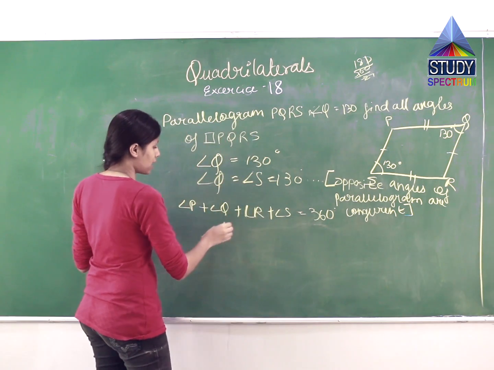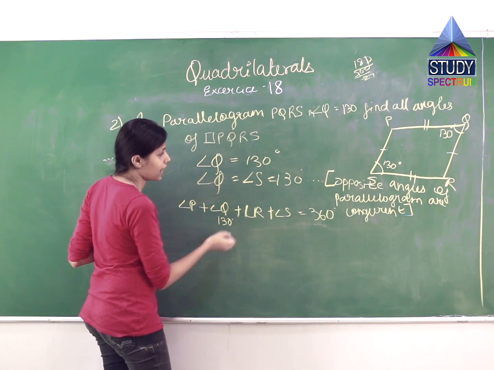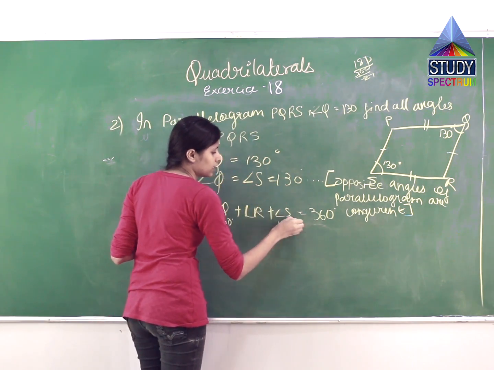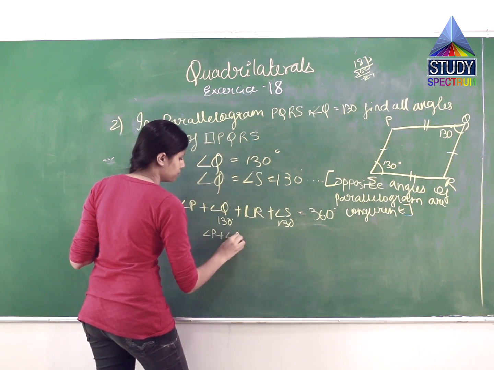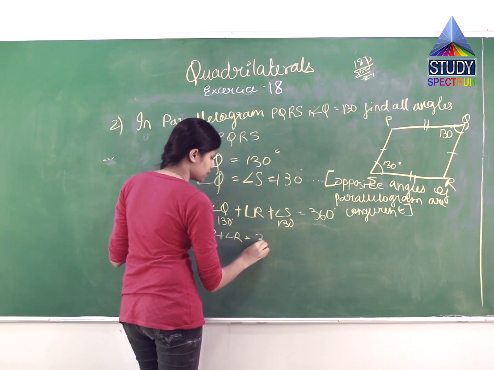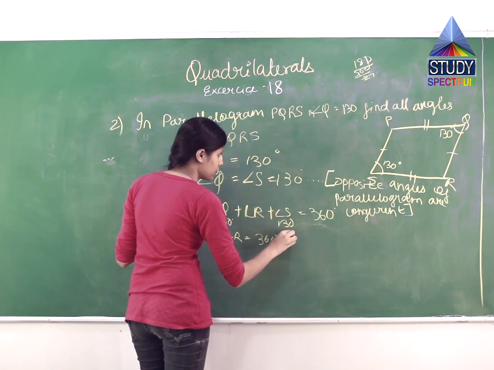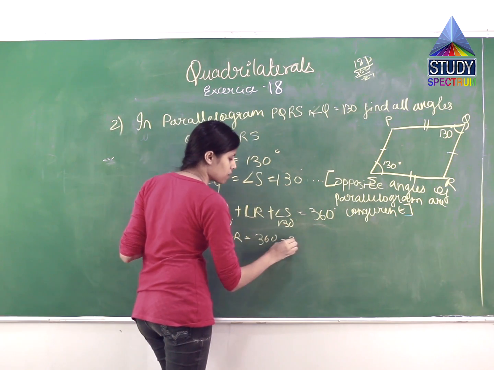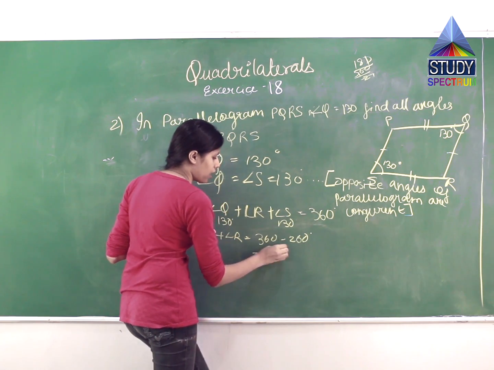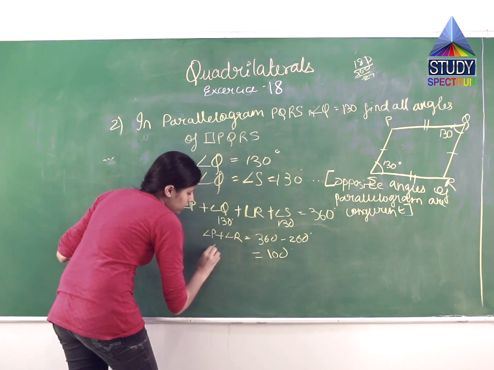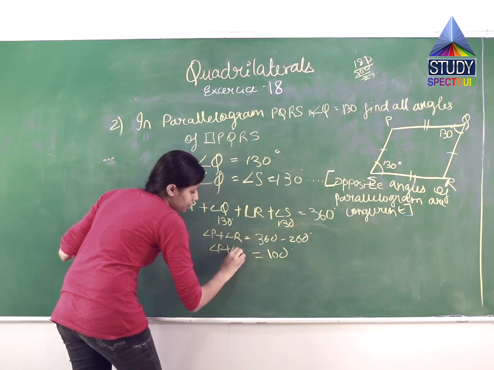But here we have seen that Q is equal to 130 degrees and S is also equal to 130 degrees. So angle P plus angle R is equal to 360 degrees minus (130 plus 130), which comes to 100 degrees.